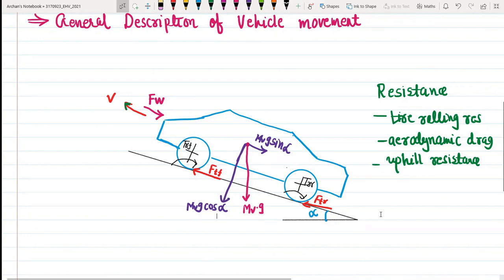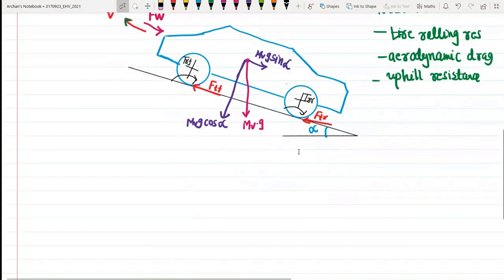Now we know these forces are there, and we all know the second law of Newton.